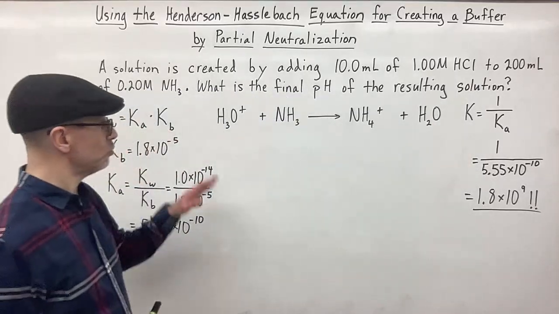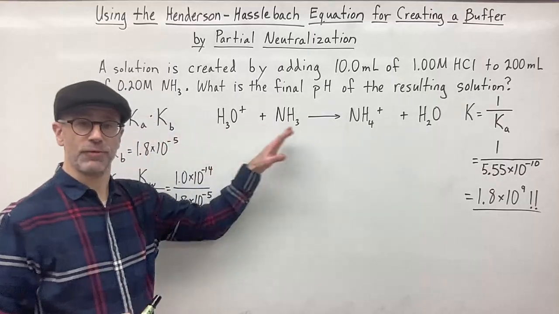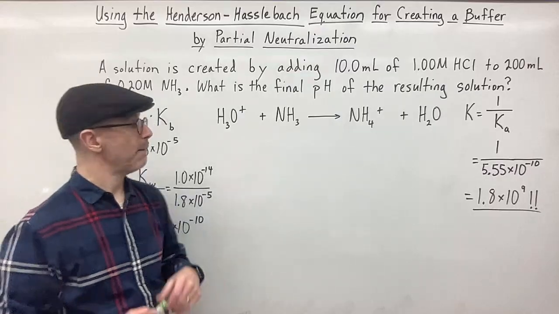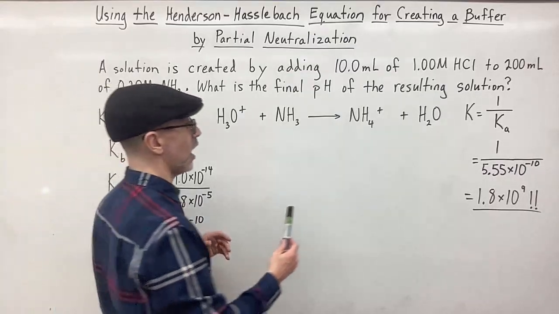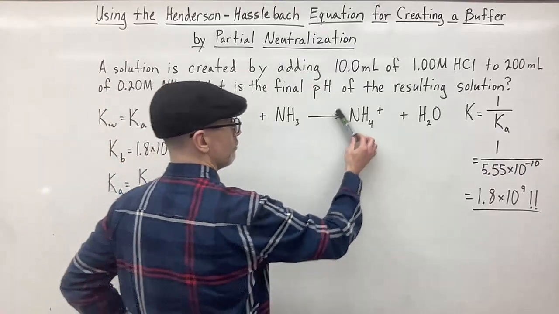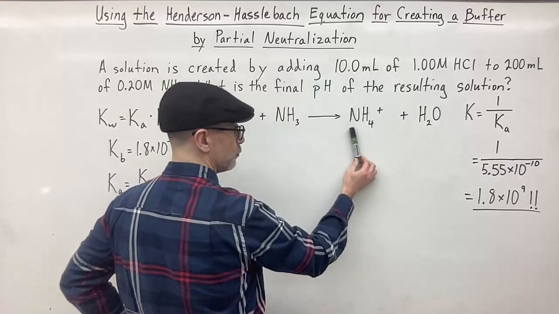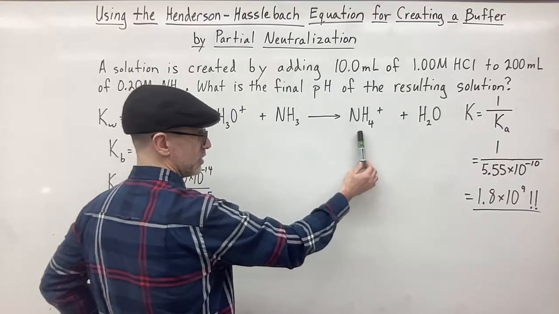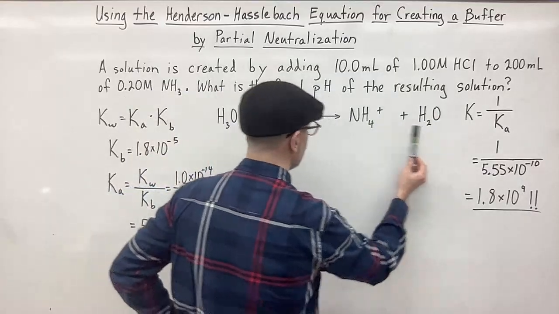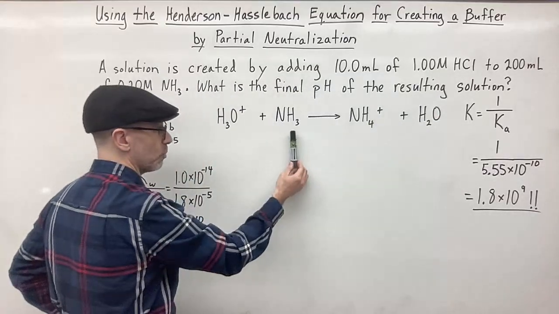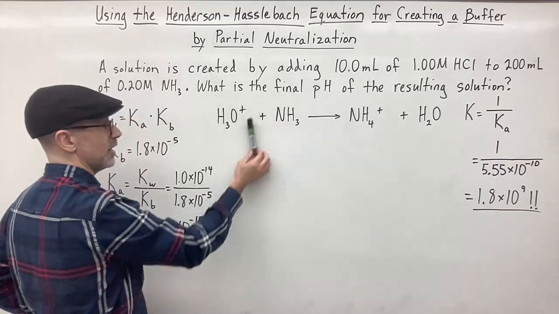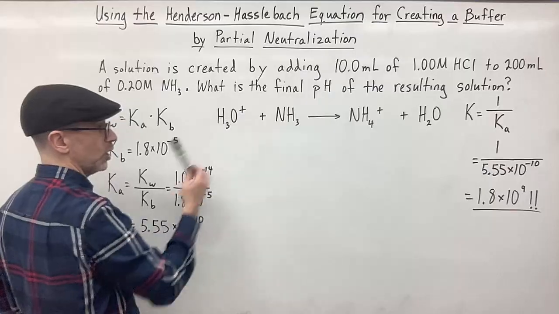And so we can figure out what the K value is for this reaction by noticing that here we have the NH4+, the ammonium ion, the conjugate acid, reacting with water to reform the NH3 and the H3O+.